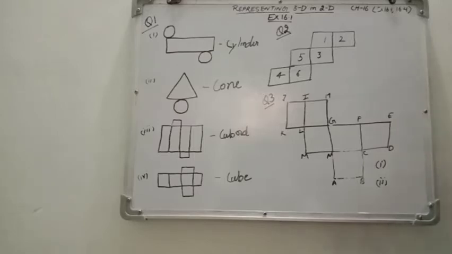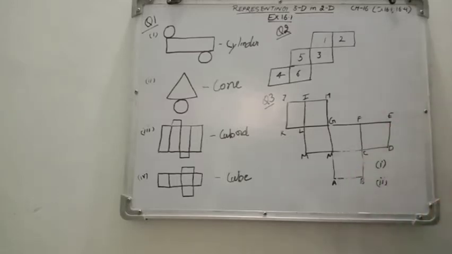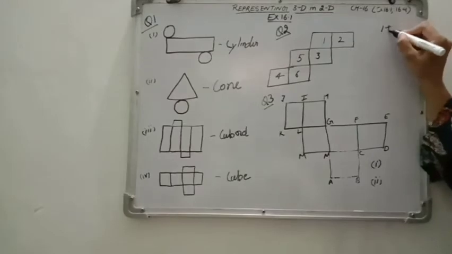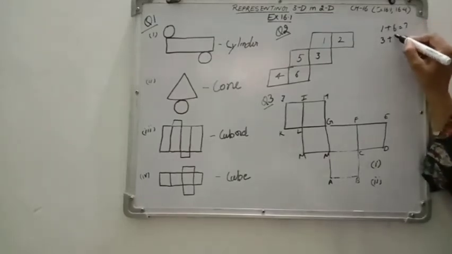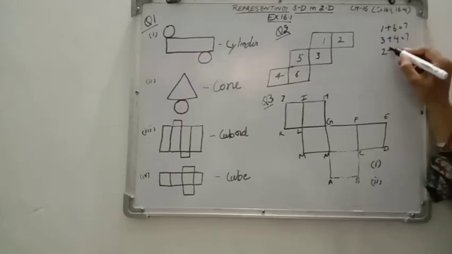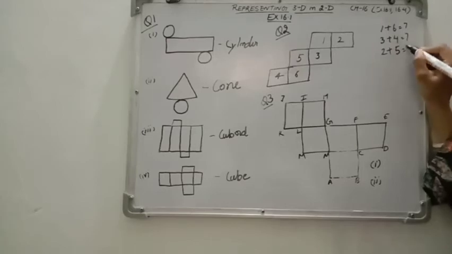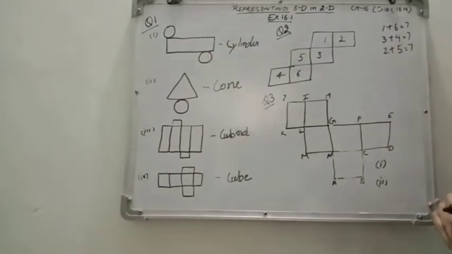So if 1, then what is the opposite of 1? 6. Their sum becomes 7. If number 3, then the opposite must be 4. 7. If we write 2, then the opposite must be 5. 7. Like that we can draw a net of a dice.